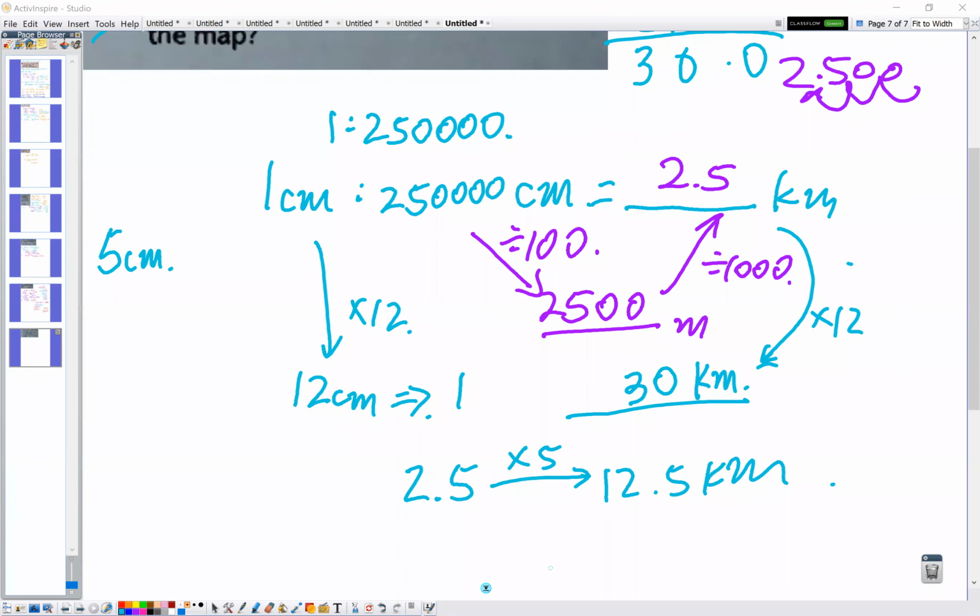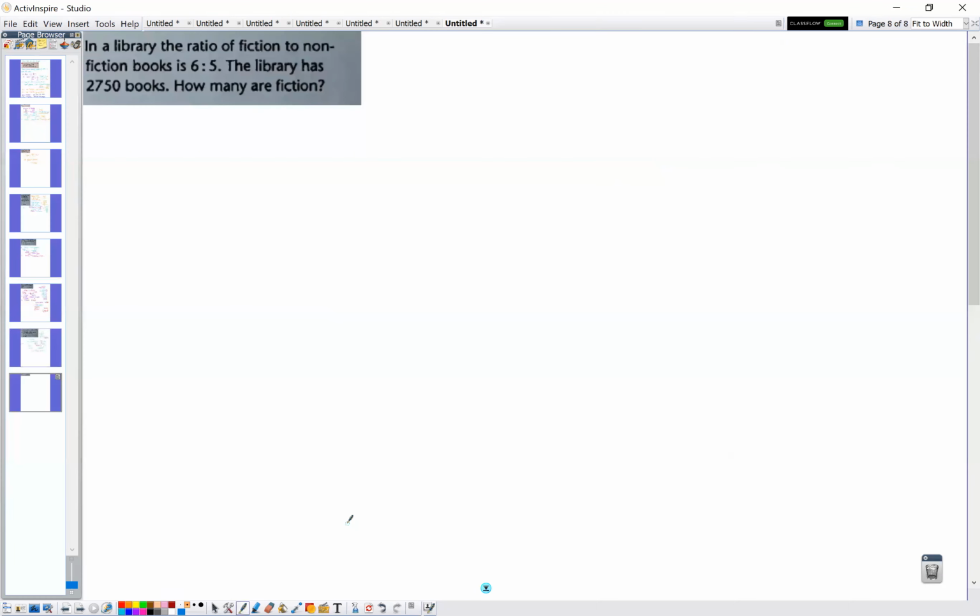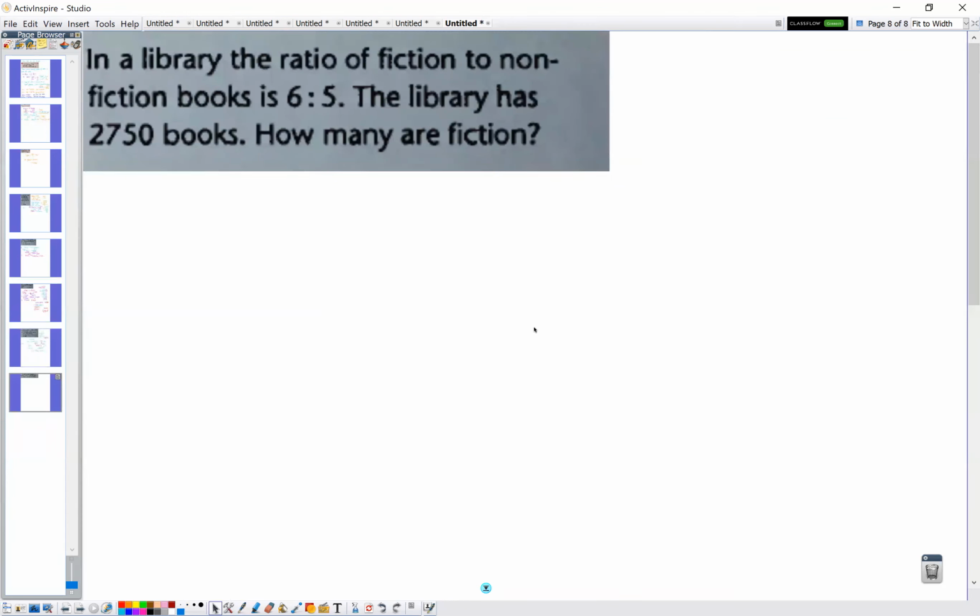Okay, let's try another one. This question is different from the one you did just now. Think about how you do this one then. Try this one.